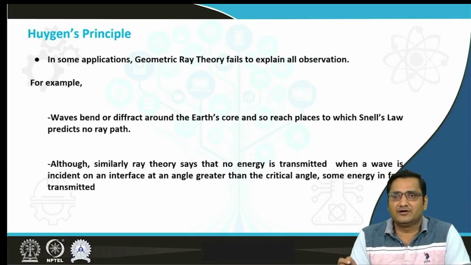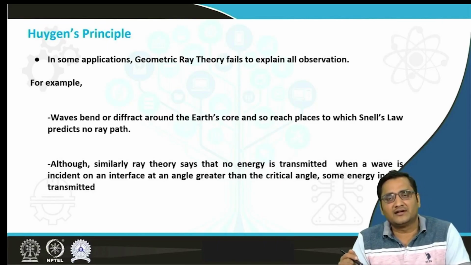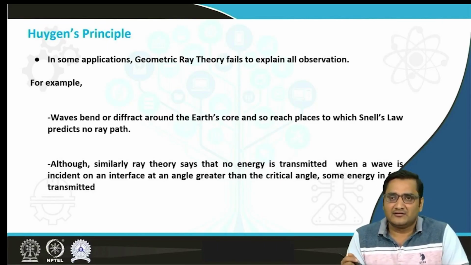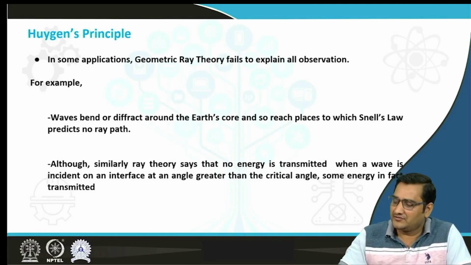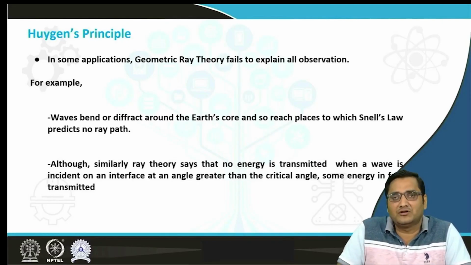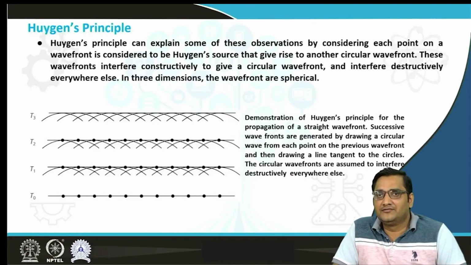Similarly, no energy should be transmitted when the angle of incidence is greater than the critical angle, but some amount of transmission does happen, and that is where geometric ray theory fails. But you can find answers to these questions to some extent using Huygens' principle.